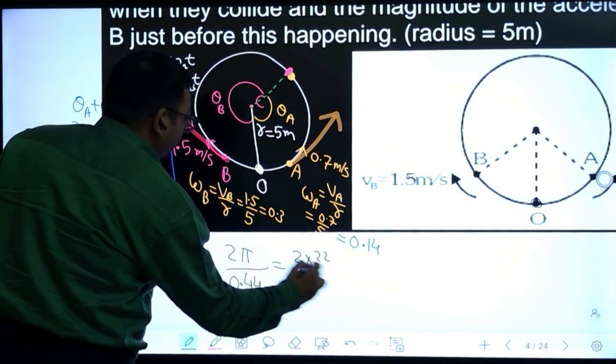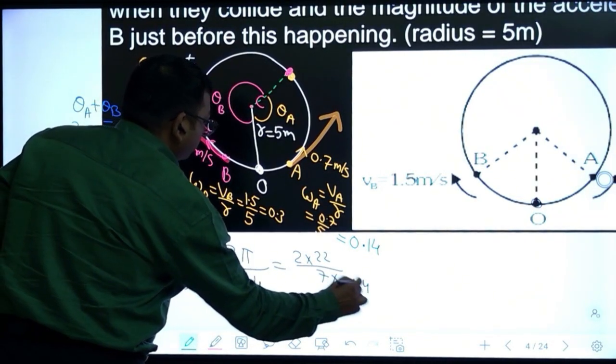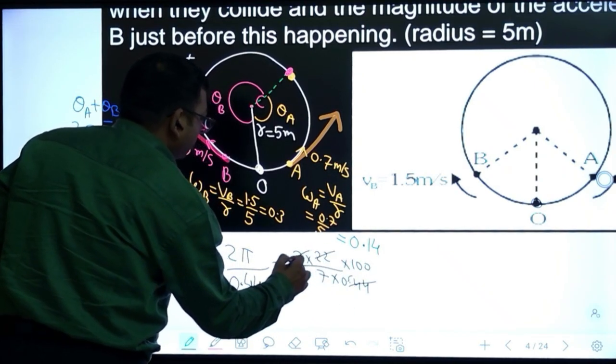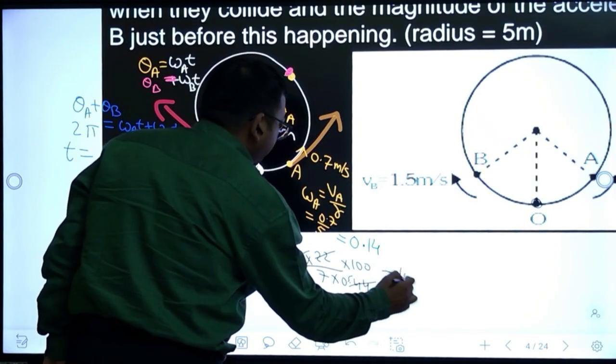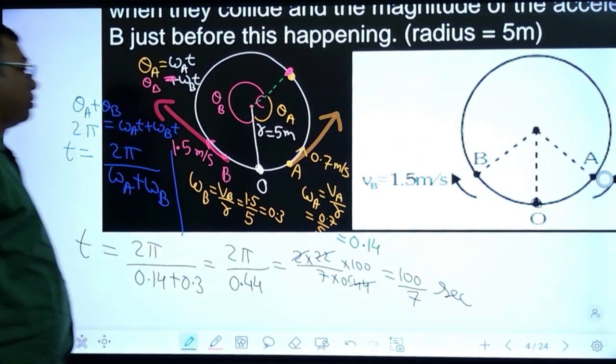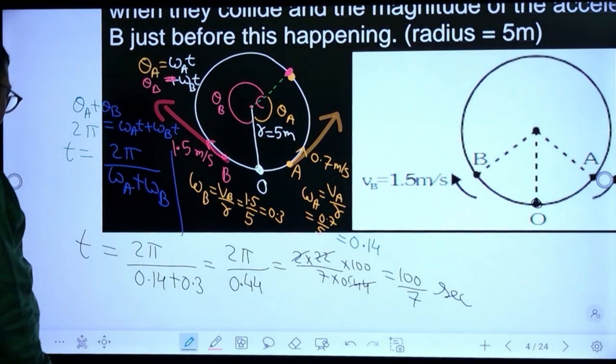So 22 by 7, and this is 0.44. So remove the 100 here, means decimal. 44 will get cancelled. So 100 by 7 seconds is the answer. Yes, that's the answer. Okay, so time we have calculated.